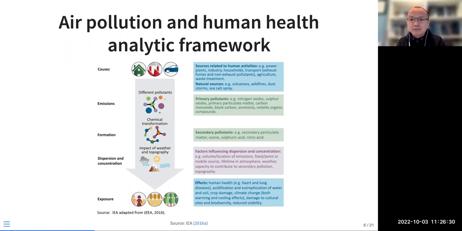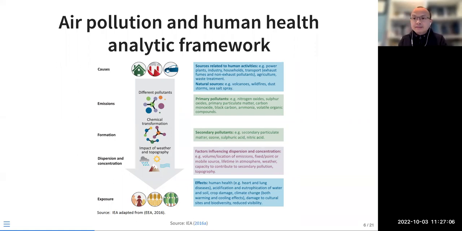Primary pollutants such as nitrogen oxides, sulfur oxides, particulate matter, carbon monoxide, black carbon, ammonia, and VOCs are the main pollutants we can add. If we see carbon as a pollutant, we can add carbon to it, but carbon has different problems that create climate change. It's different, but still important, so we will talk about it separately.